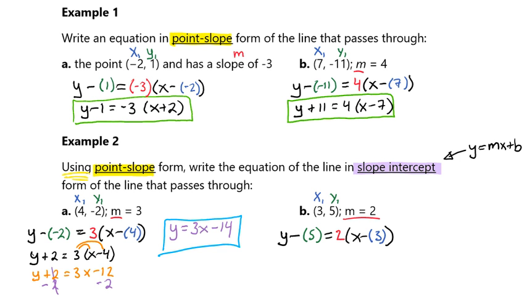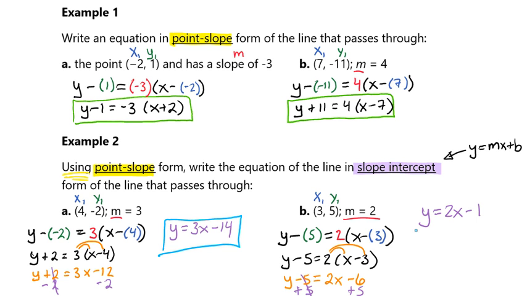So from here, we need to distribute, and that's going to give us y minus 5 equals 2x minus 6. Then we'll add our 5 to both sides, and that's going to give us y equals 2x minus 1, and that is our slope-intercept form.